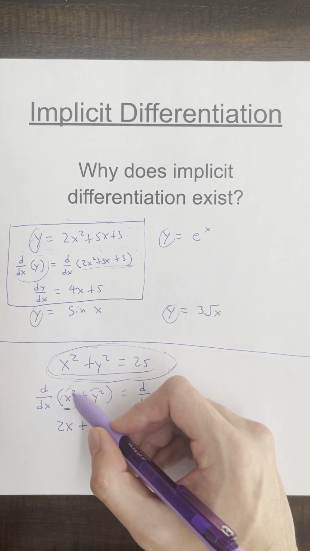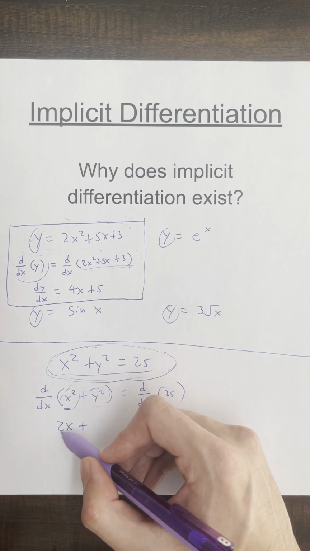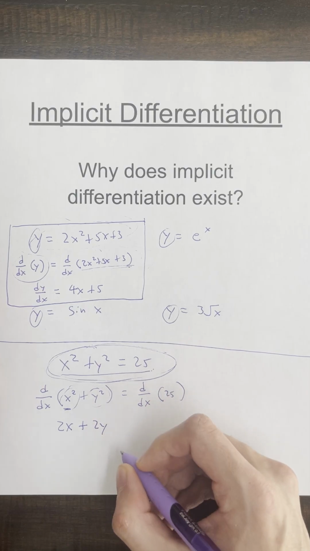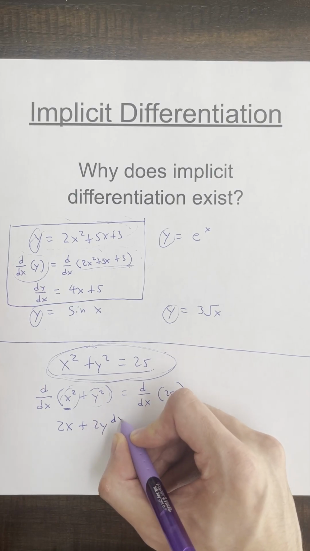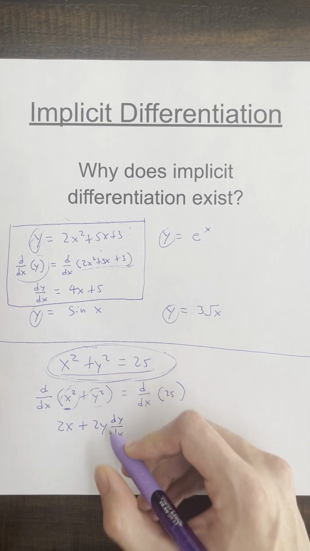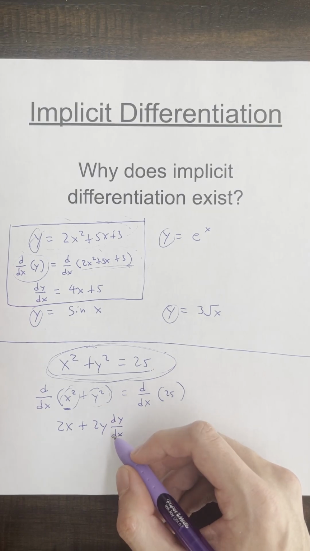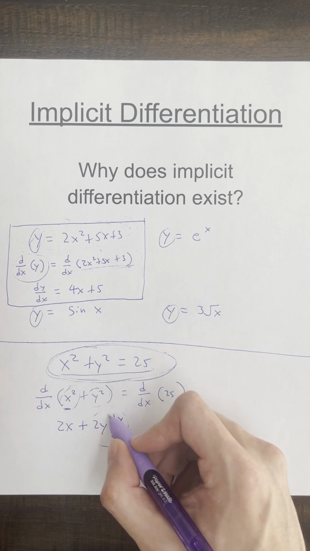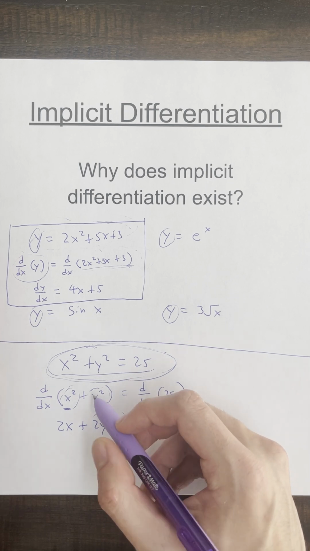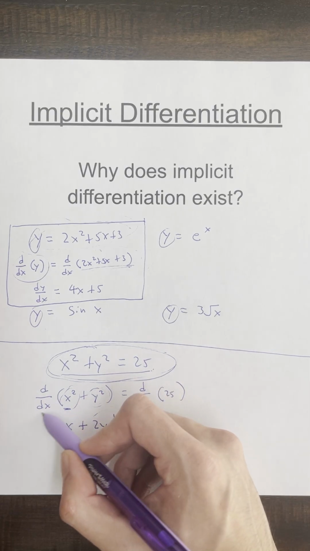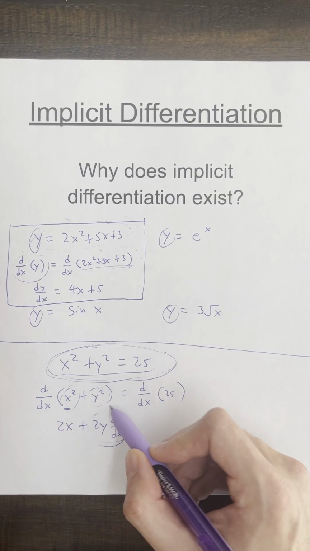So d dx of x squared is 2x, d dx of y squared is 2y, and then I also have to include a dy dx here. So 2y times dy dx, and I'll explain why the derivative of y squared with respect to x is equal to this in the next video.